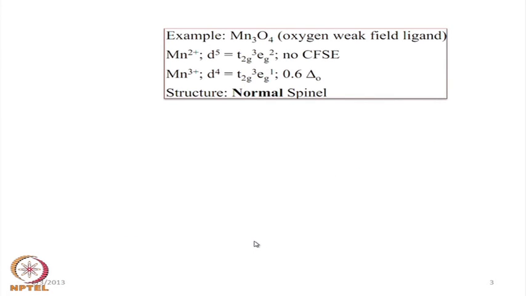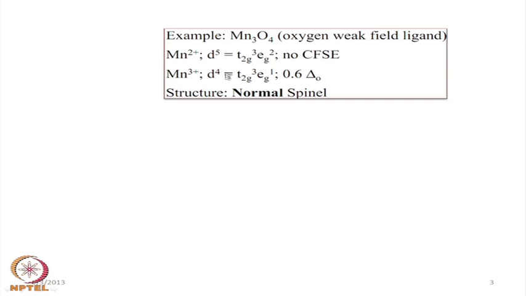So, let us take these as our examples for finding the corresponding CFSE. We simply find it for manganese spinel, which is Mn3O4, with oxygen as a weak field ligand. M2+ is a d5 arrangement, so in octahedral stabilization we do not have any stabilization because the arrangement is t2g3 eg2, so there is no CFSE.